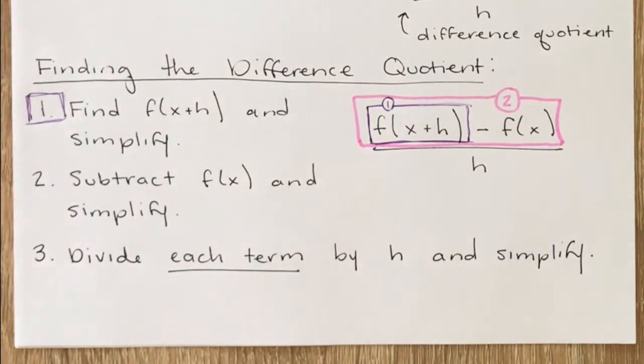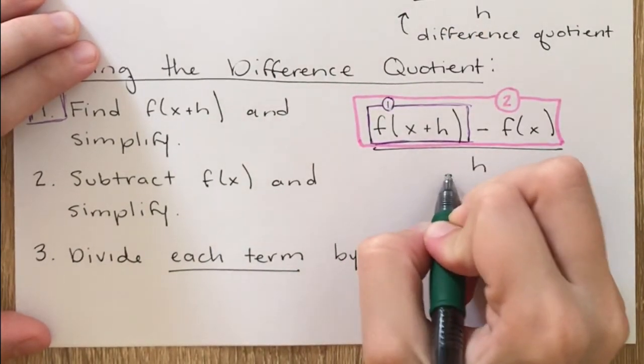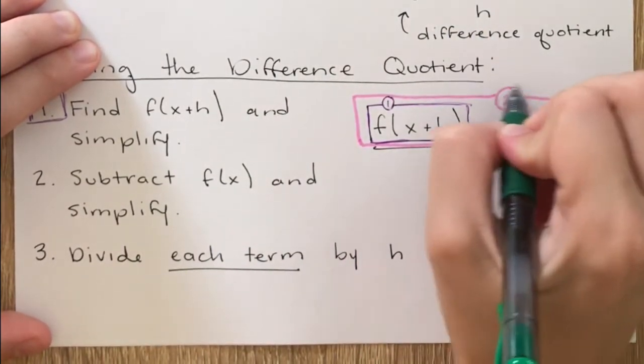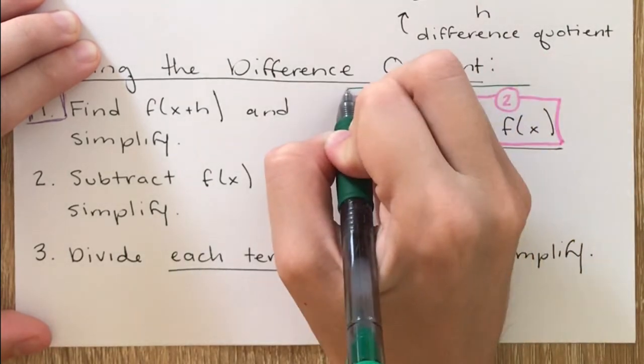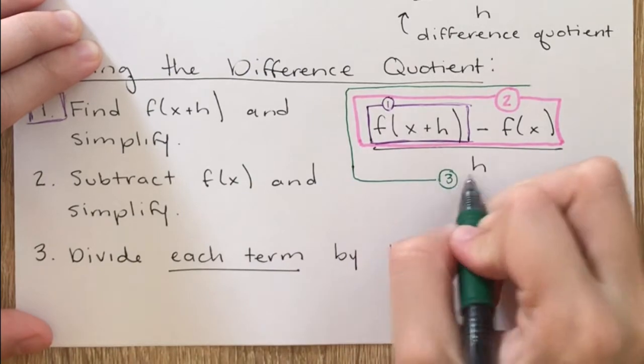So once we do step 1 and step 2, we get all of that together. Step 3 is to divide by h, and that will give us the whole difference quotient.